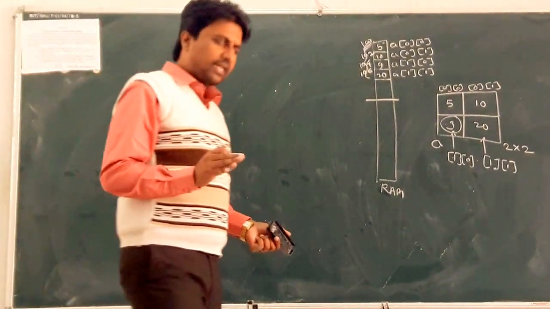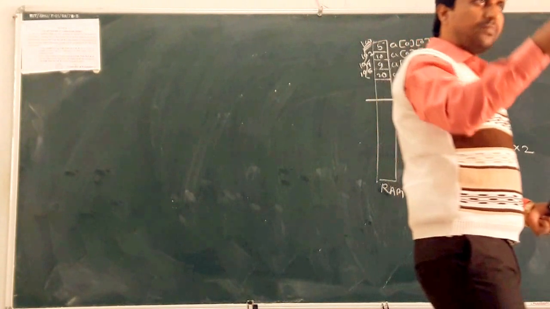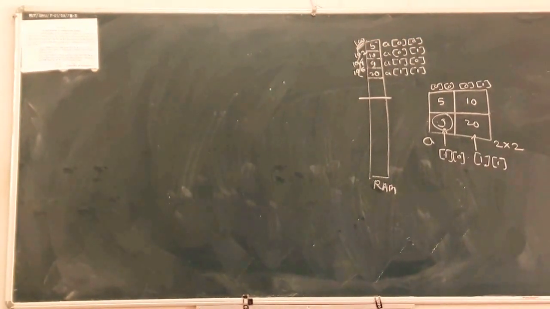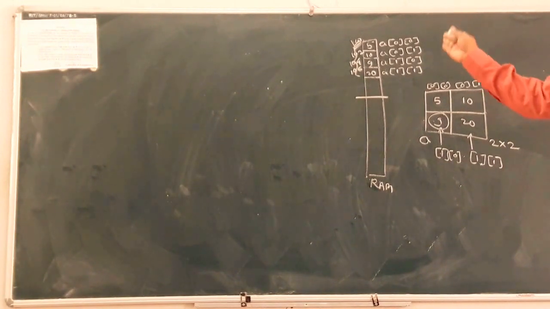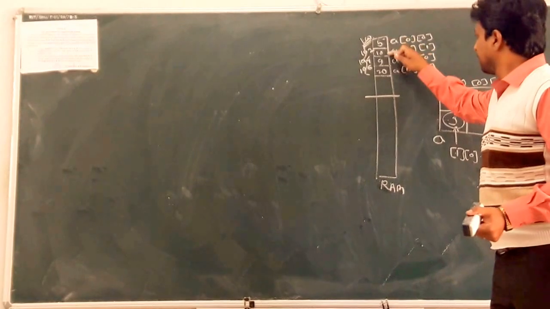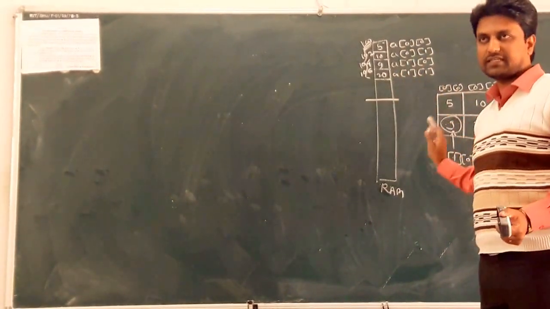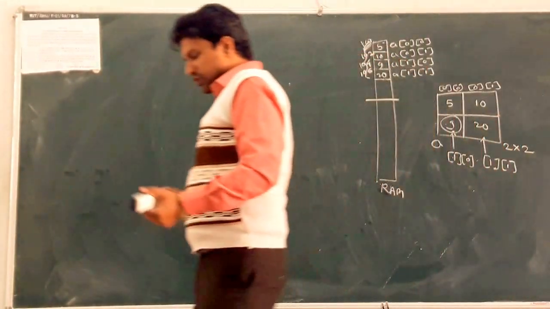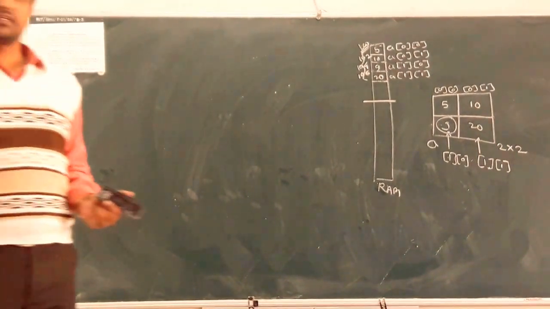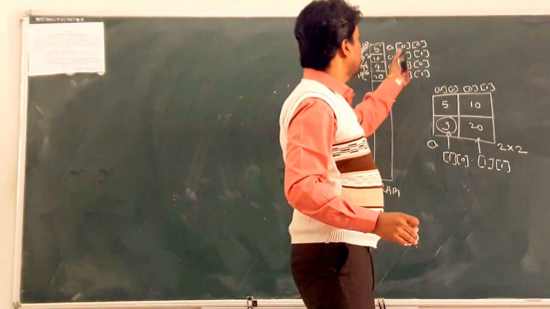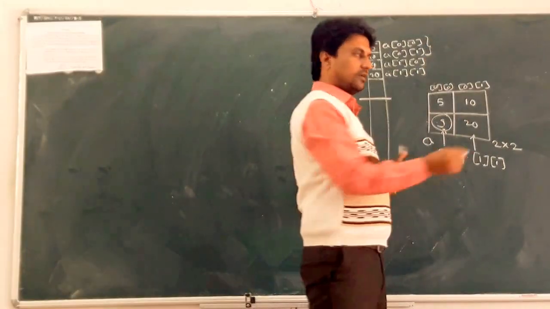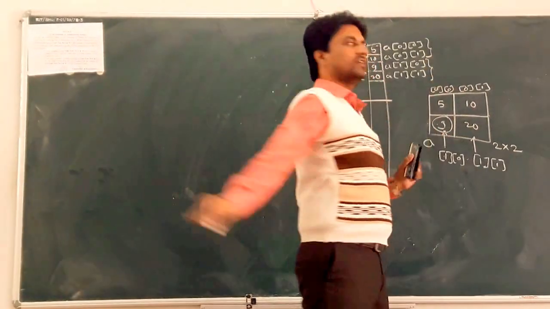Any dimensional array, when it is represented on the RAM, is represented in a one-dimensional manner, similar to a one-dimensional array. Clear? So first row, then second row, then third row, like that. Okay. So a two-dimensional array is also called an array of arrays, because this is the first one-dimensional array, and after that we add a second one-dimensional array.